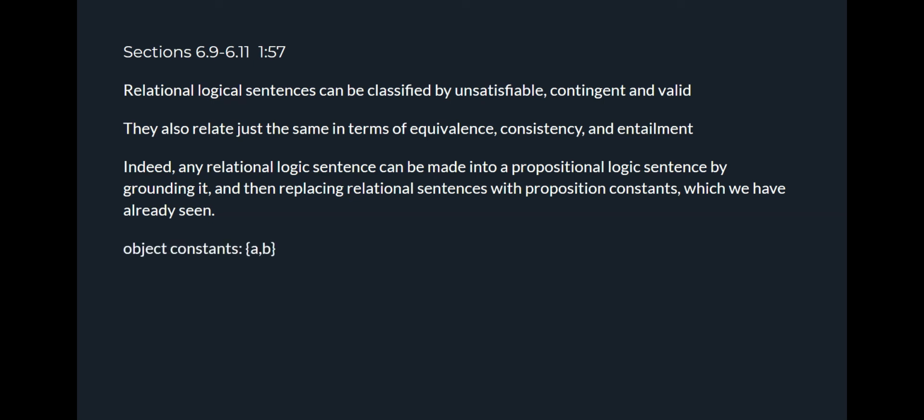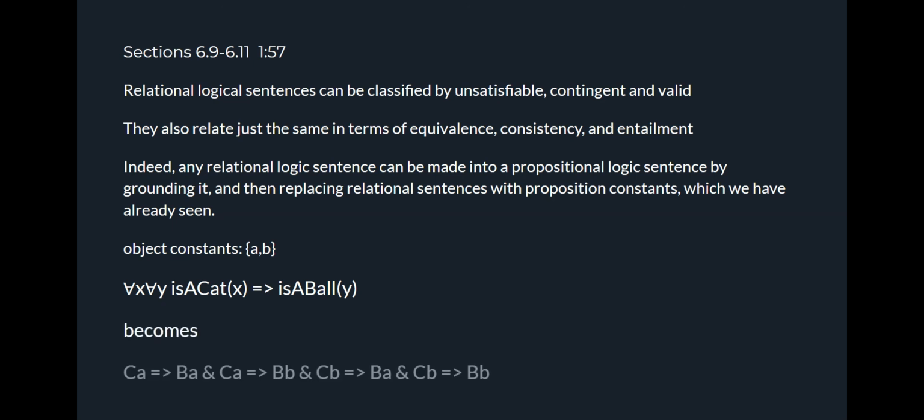We can demonstrate that by saying that in general, you can take any relational logical sentence, such as this example here, and we can translate it by grounding it and transforming. That gets rid of the quantifiers, the for all x and for all y go away because we grounded it. And then the relations can be replaced with proposition constants.